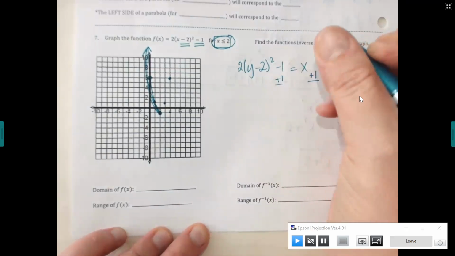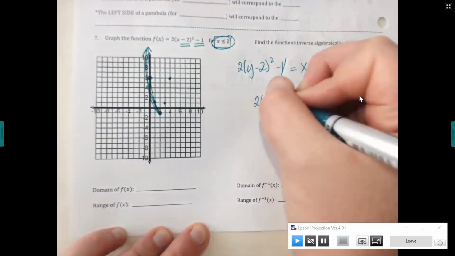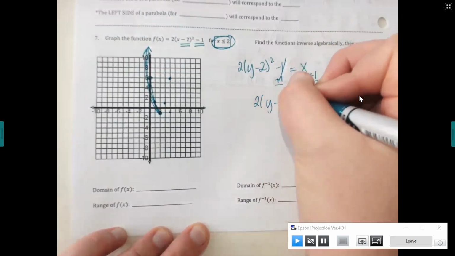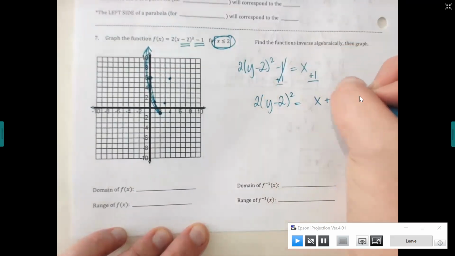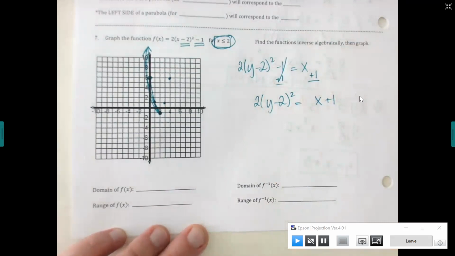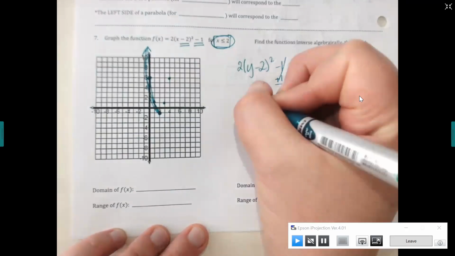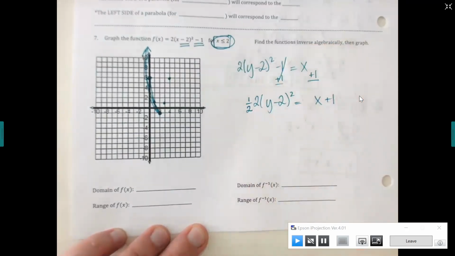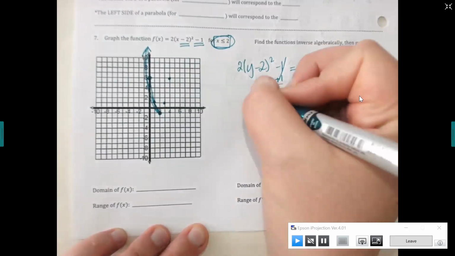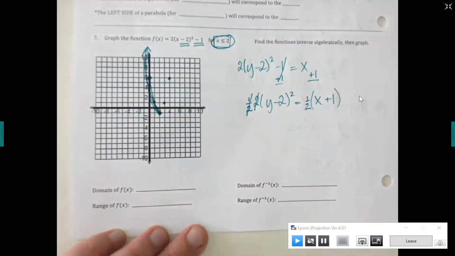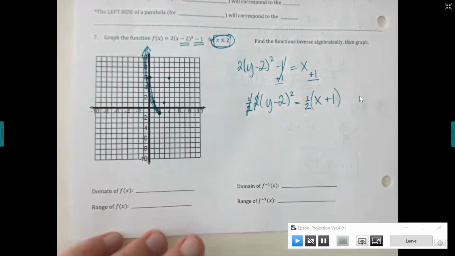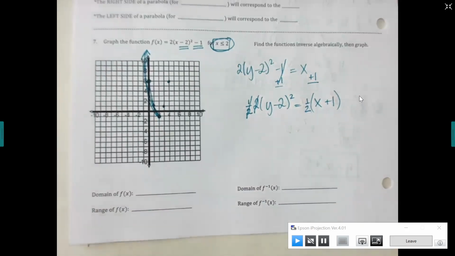So now my x has a +1 with it. Next question, how do I get rid of a ×2 in the front? What's the opposite of ×2? Divide by 2, or I can just use a half. That's what I'm going to do this time. So I'm going to put a half in there, because a ×2 and a half cross out.